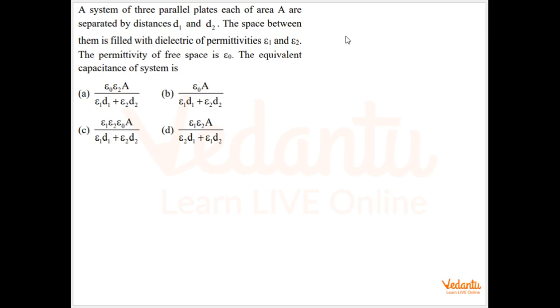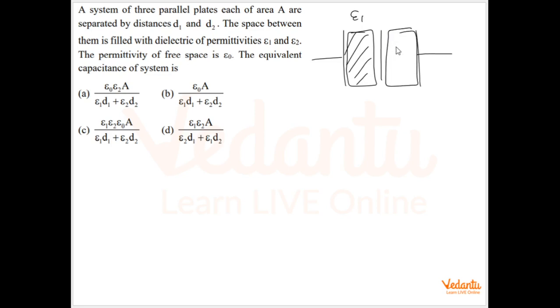So beta, essentially I have 3 plates like this. On one side, my dear bacha log, I have dielectric constant epsilon 1. On the other side, I have dielectric constant epsilon 2. The widths are d1 and d2.